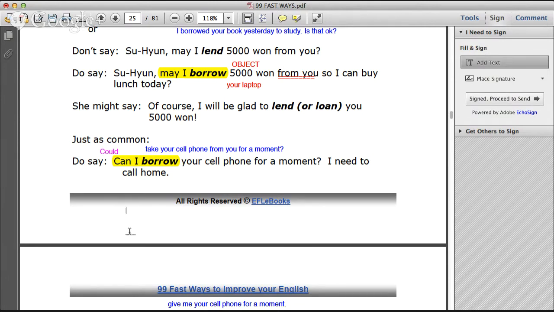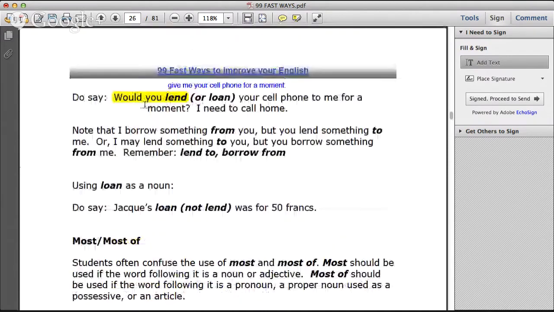Could I borrow your cell phone for a moment? Remember, that's take from them. Notice it would be can I, because you're talking about yourself. Can I take? Here, when you're talking about lend, can you give? Would you? So it's a complicated one to move through.